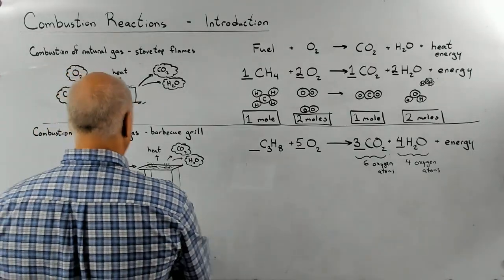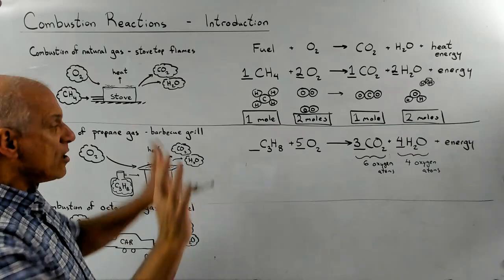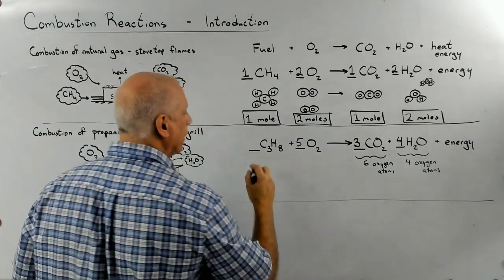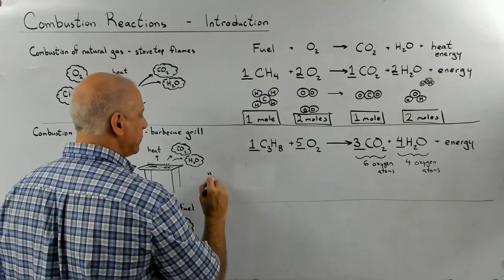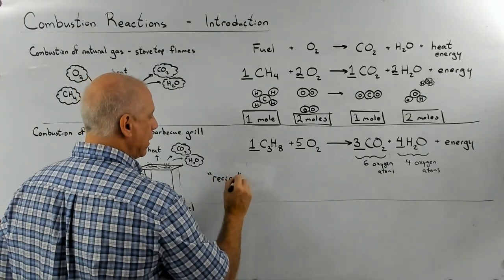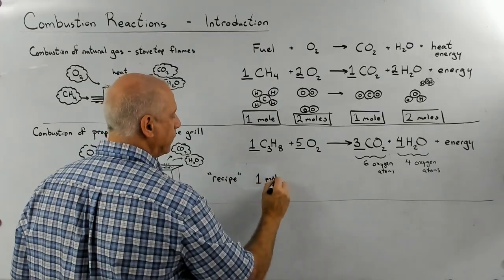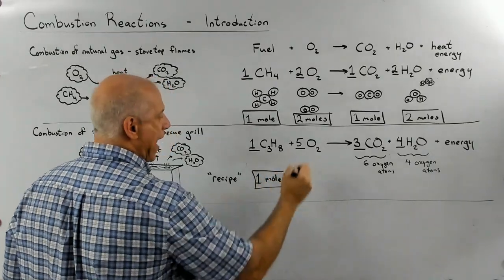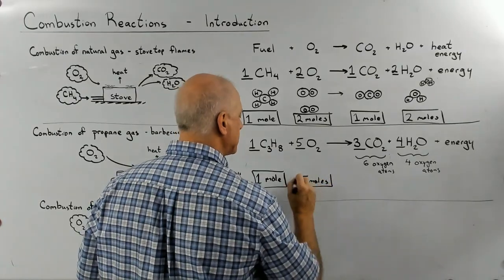Let's go ahead and do the ratio. My theoretical ratio here, it's understood that there's a 1 there. So my recipe, so to speak, is that if I have 1 mole of methane, it will react with 5 moles of oxygen gas.